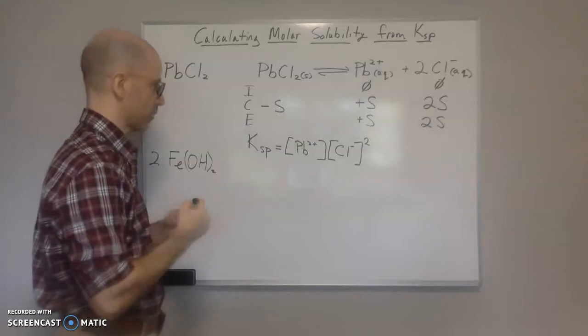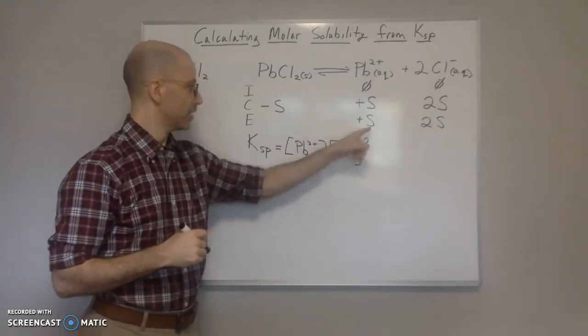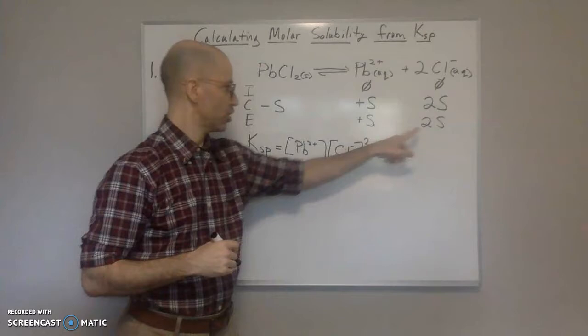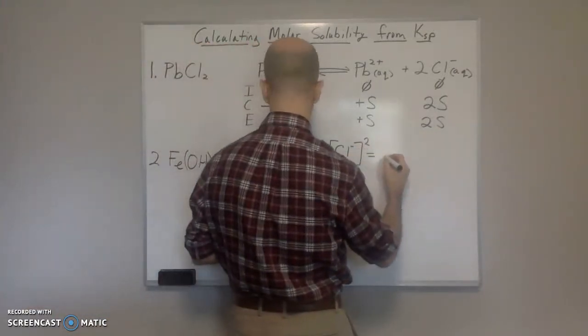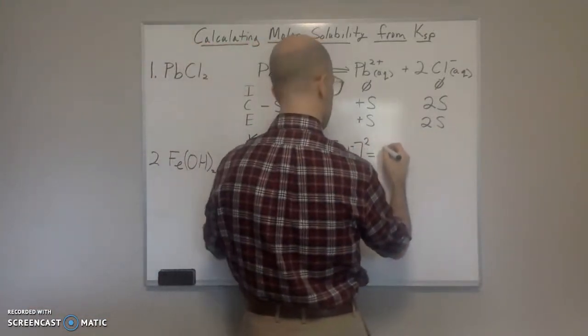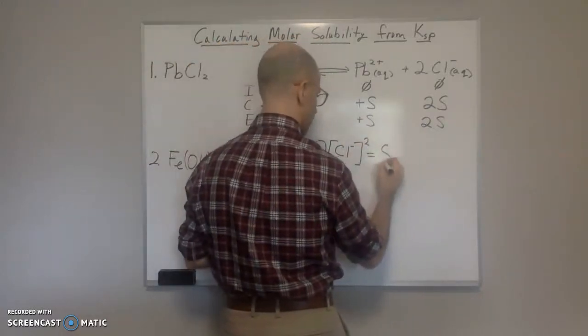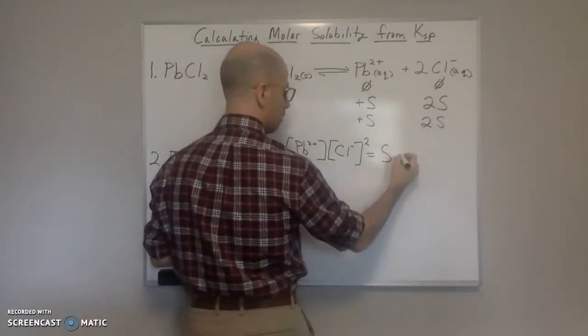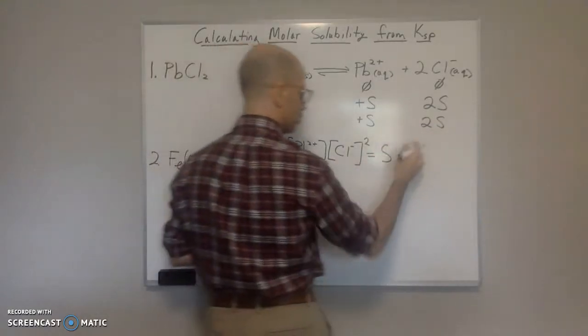So that's our expression. So now all we need to do is put in the equilibrium expressions in terms of S into here. So then this is going to be equal to Pb, that's S. So we're going to put S in there, multiplied by this squared, that's going to be 2S.